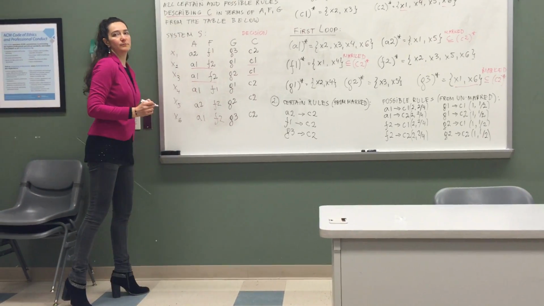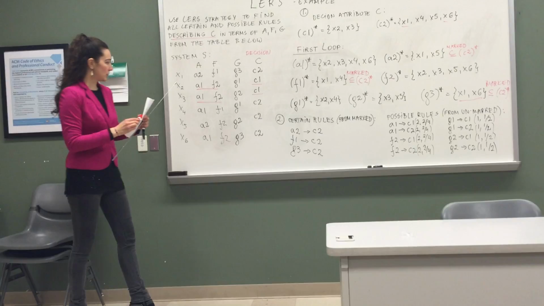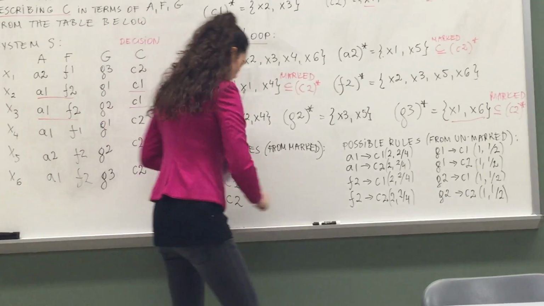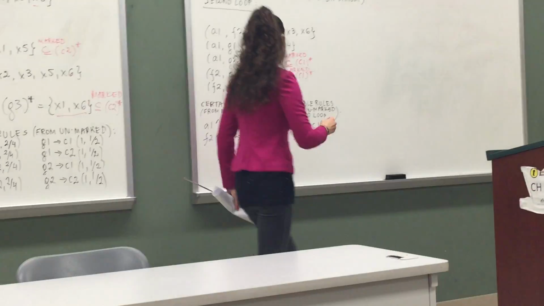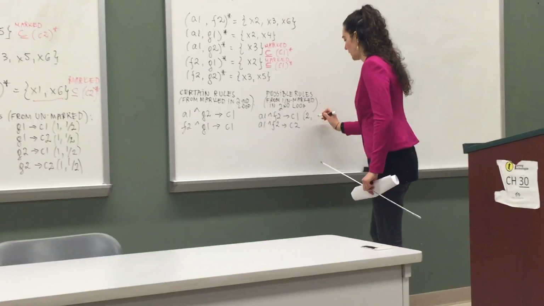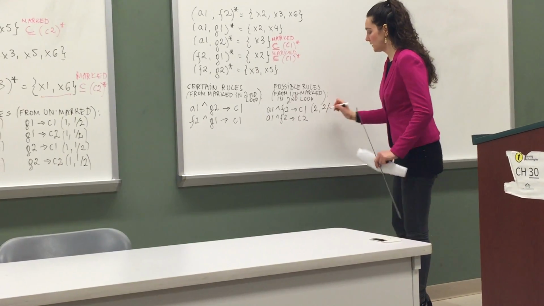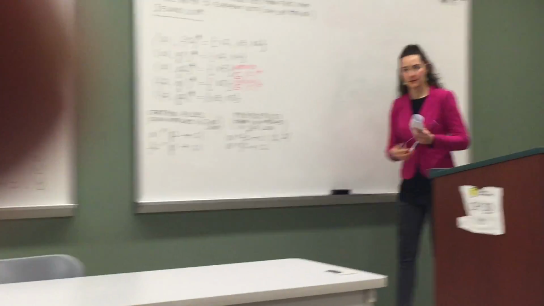Do you see any more? No. So that's 2. And the confidence is 2 divided by what? 3. Why 3? Because you have F2 3 times.